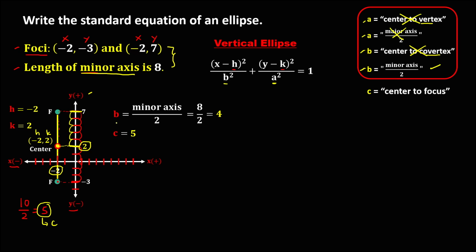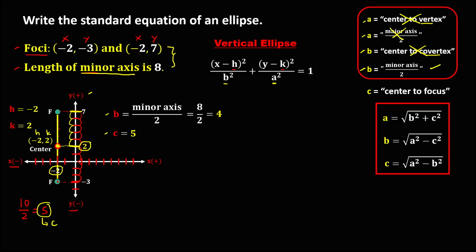So since we now have the values for b and c, we can solve now for a using this formula. So a is equal to the square root of b squared plus c squared. Then substitute now the values. So b is 4 and c is 5.